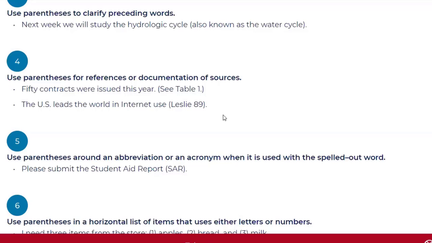Use parentheses to clarify preceding words. Next week we will study the hydrologic cycle, also known as the water cycle. Bilal, explain this. What is the rule saying?